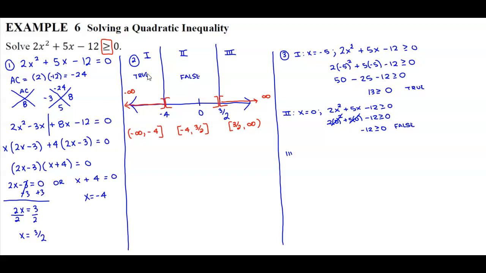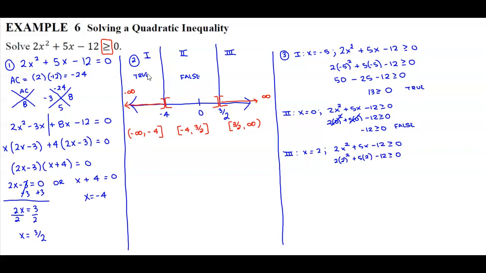Okay, if we take a look at region number 3, we're going to pick anything above 3 over 2, which is 1.5. So let's try 2. So we have 2x squared plus 5x minus 12. We want to see if it's greater than or equal to 0. So we have 2 times 2 squared plus 5 times 2 minus 12.